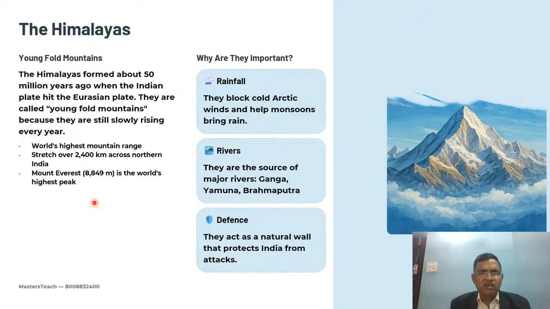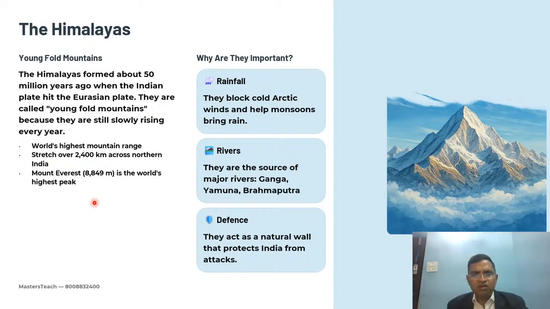They are still rising every day. It is the world's highest mountain range, stretching over 2,400 kilometers across northern India. Mount Everest, at 8,849 meters, is the world's highest peak.